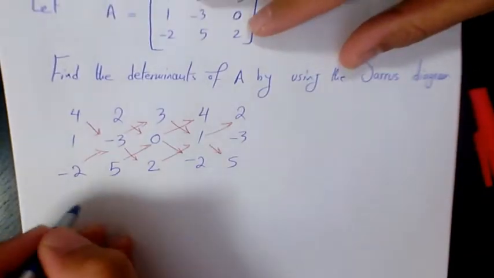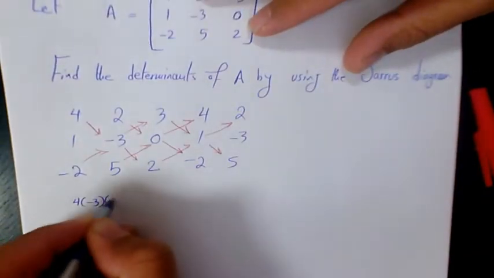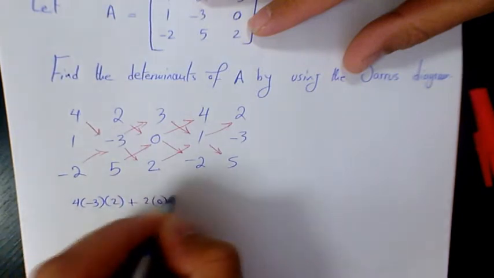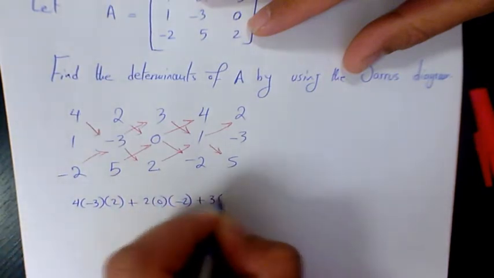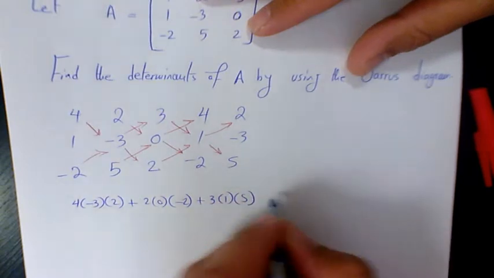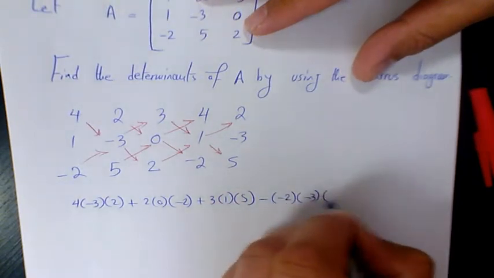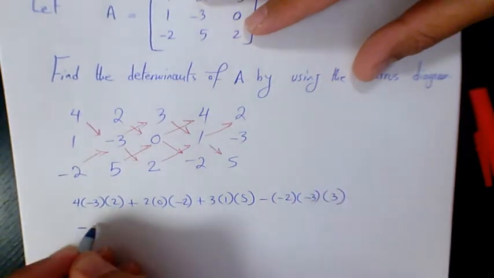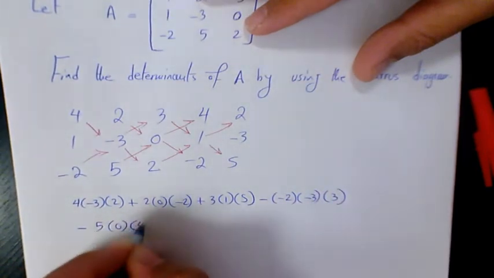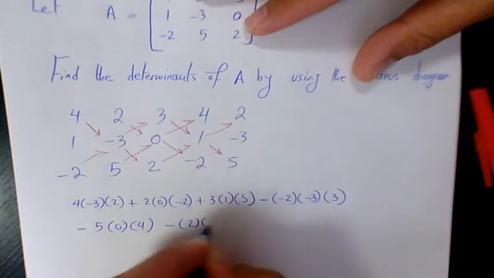I'm going to say 4 times negative 3 times 2 plus 2 times 0 times negative 2 plus 3 times 1 times 5, minus negative 2, negative 3, 3, minus 5 times 0 times 4 minus 2 times 1 times 2.